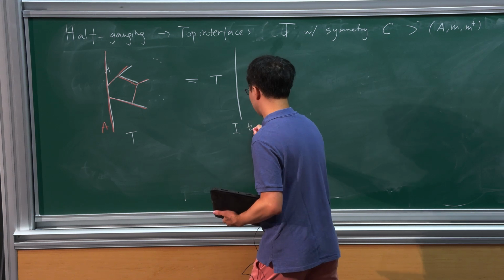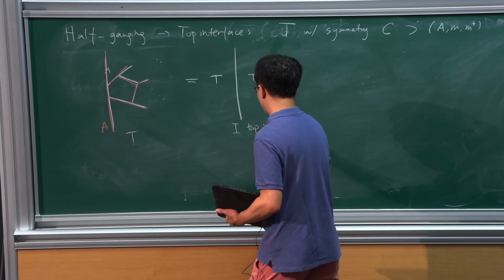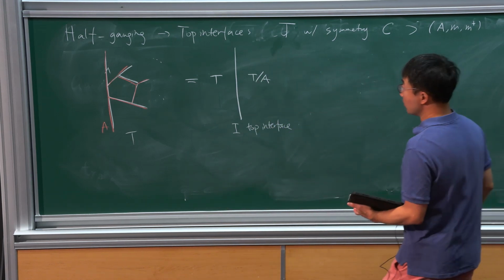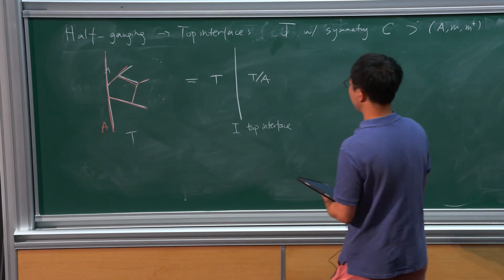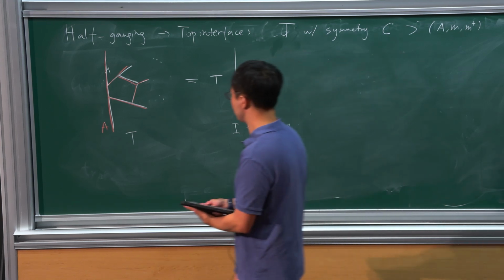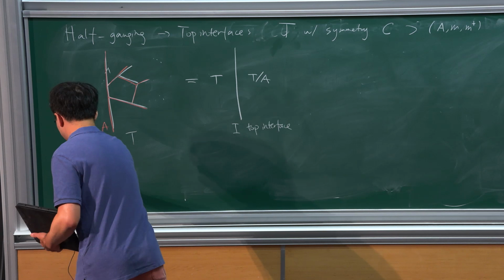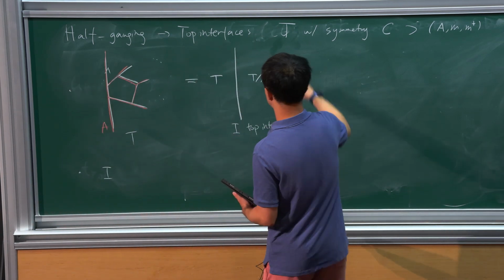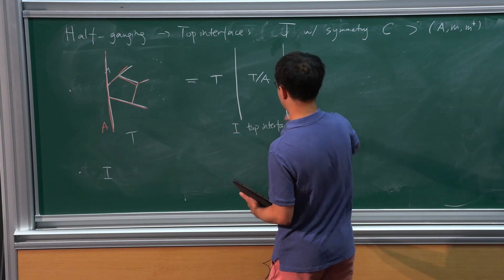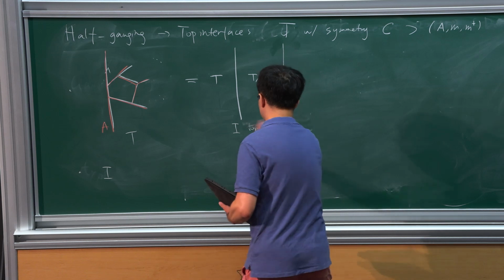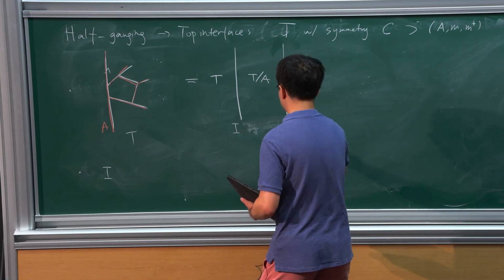So let's denote the topological interface by I. Furthermore, you can obtain the original algebra objects by fusion of the interface and its orientation reversal. Namely, you put another copy of the same topological interface with this orientation reversal.